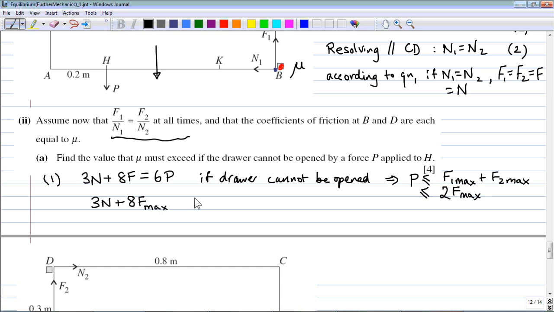Now, because P is less than, let's divide that by 6, and that's our equation for P, and that P is less than or equal to 2F max.